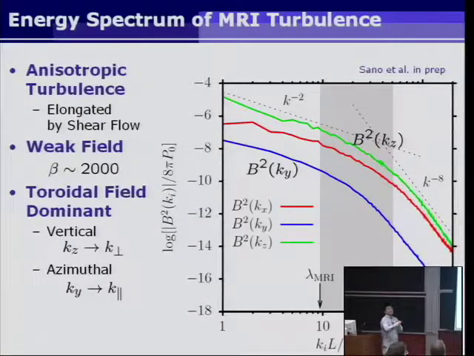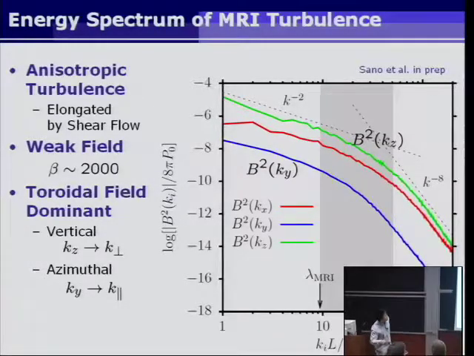The eddy structure is elongated toward the y direction, which is caused by shear. And this spectrum shows a steep decline at large k, which is due to dissipation, and a shallower slope at smaller k.